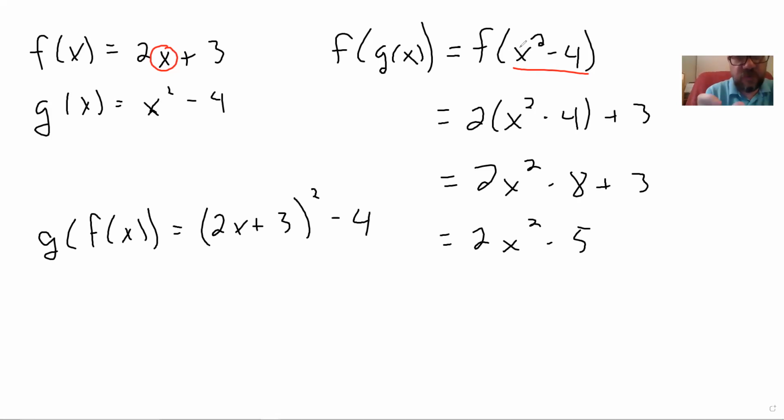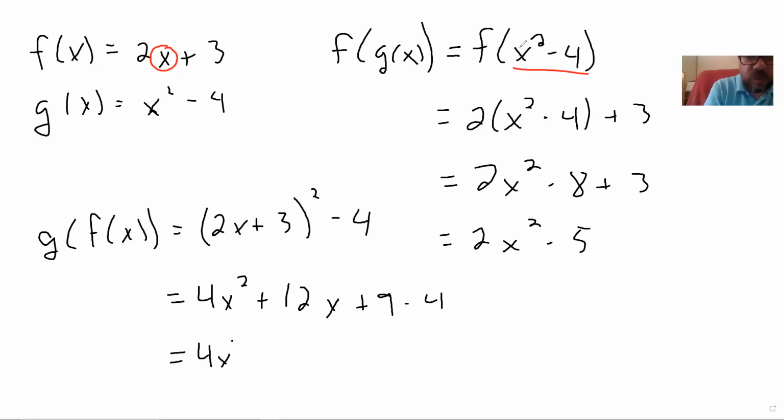Notice that I'm putting f in for the x in g this time as opposed to the other way around. The thing in the parentheses goes in for the variable in the thing outside the parentheses. So I'm going to multiply that all out. So it's 4x squared plus 12x plus 9 minus 4, which is 4x squared plus 12x plus 5.